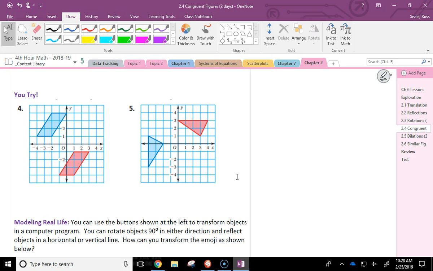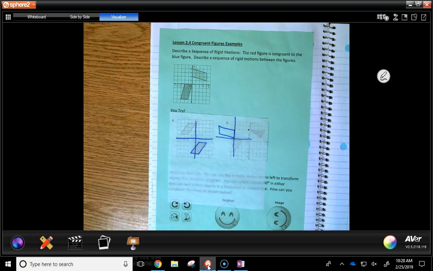Okay, we should be able to do this one already. How do I do number 4? Here it's on my transformation paper, tracing paper. Will, what am I going to do? You can just tell me and I'll do it.